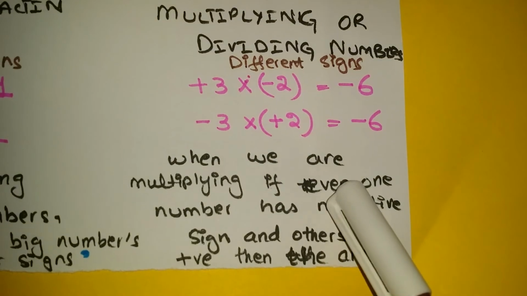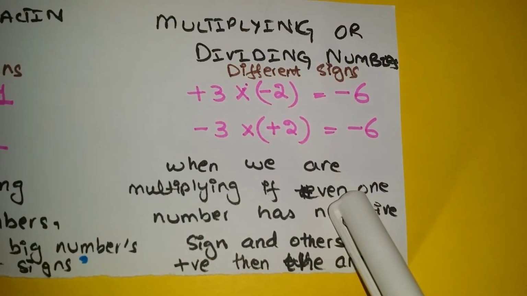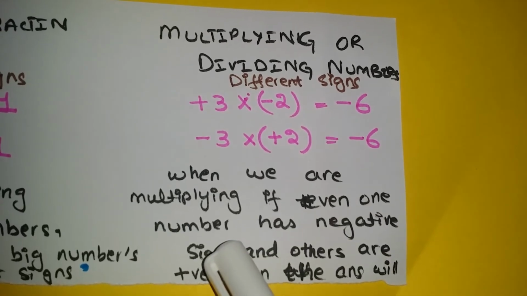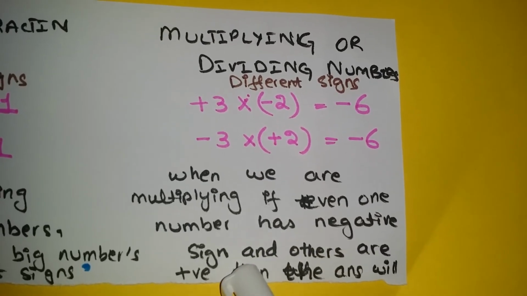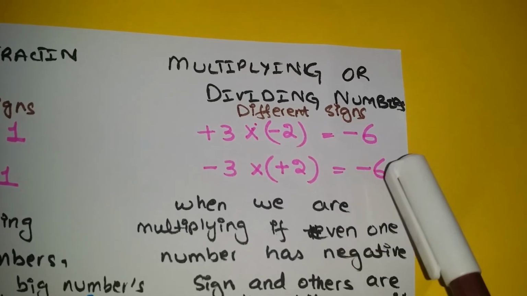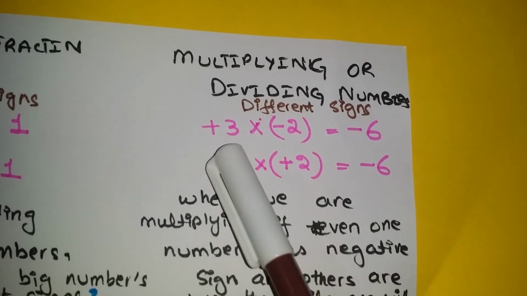When we are multiplying, if even one number has a negative sign and others are positive, then the answer will be negative. So we will not look at the bigger number here.